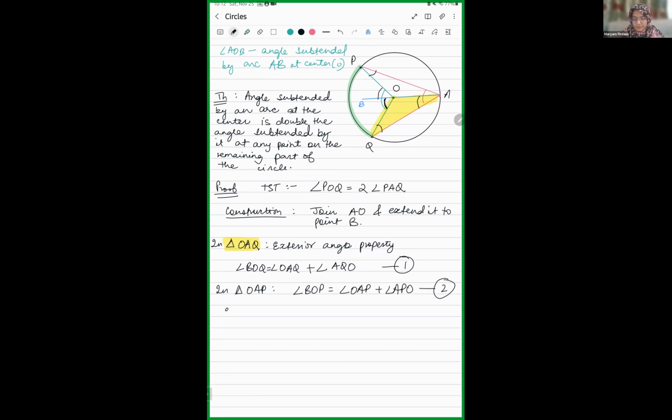In triangle OAQ, we know that OA is equal to OQ. Can someone tell me why? Why is OA equal to OQ? Remember that this is a circle we are talking about, isn't just some random triangle.